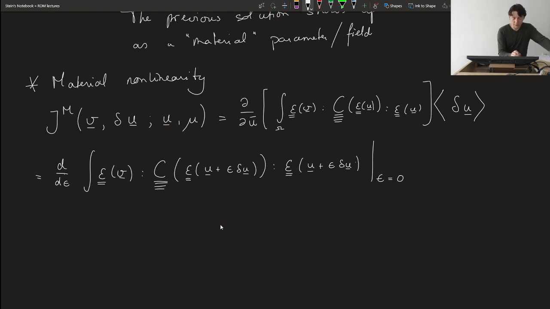Okay, now I can swap around the integration and differentiation, and then I can use the product rule to treat these separately, so I actually end up with two integrals.